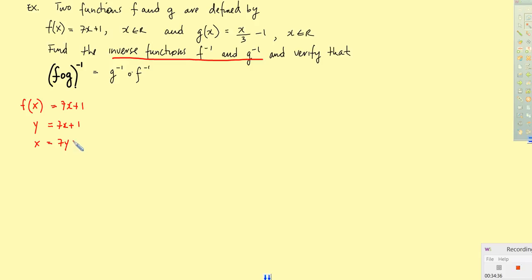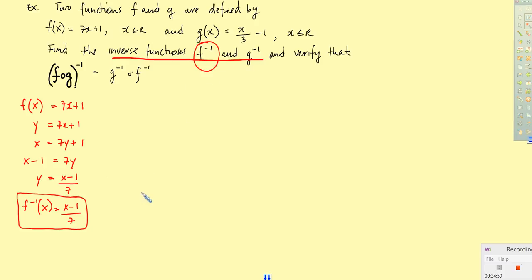So it goes to x equals 7y plus 1, and then x minus 1 is equal to 7y, so that y is equal to (x minus 1) over 7. And therefore, f inverse of x is equal to (x minus 1) over 7. There's my first thing that I found, f inverse. So I've taken care of this part here that I've just circled.